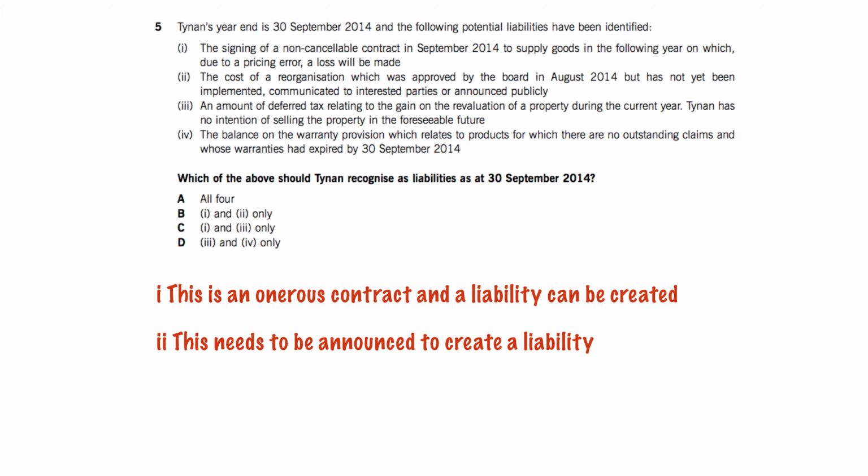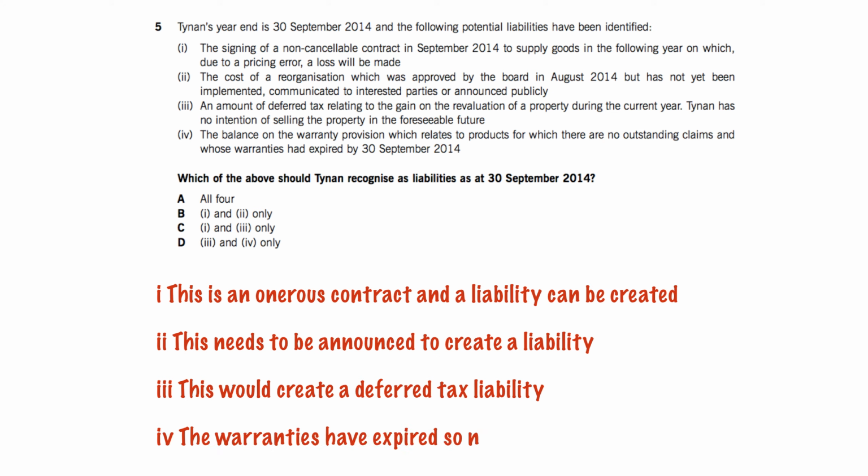It still creates a deferred tax liability. And 4, the balance on warranty provisions, no outstanding claims, and they've expired, so no obligation there, so that wouldn't create a liability. So that means that we have 1 and 3, which is answer C.